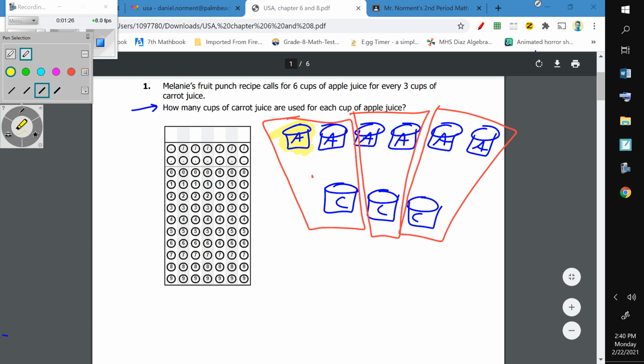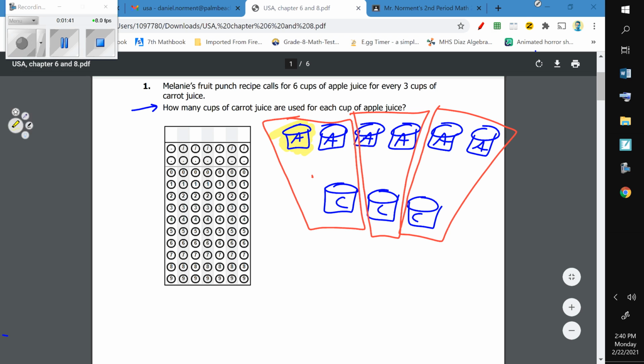And here's your hint, it's a decimal. It will be a decimal. So think about that. Figure it out. This is a unit rate, so I would suggest you divide. It's either going to be 6 divided by 3 or 3 divided by 6. Whichever one of those gives you a decimal will be your answer. Number 2.